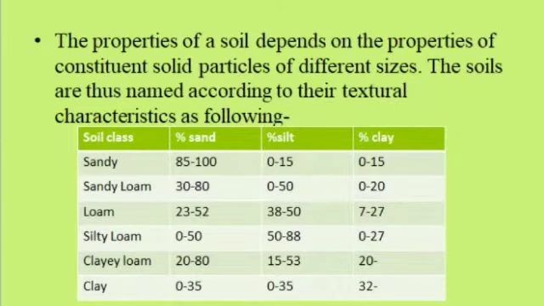The properties of a soil depend on the properties of the constituent soil particles of different sizes. The soils are thus named according to their textural characteristics as follows: sandy, sandy loam, loam, silty loam, clay loam and clay, and you can see the percentage of sand, silt and clay present in them.